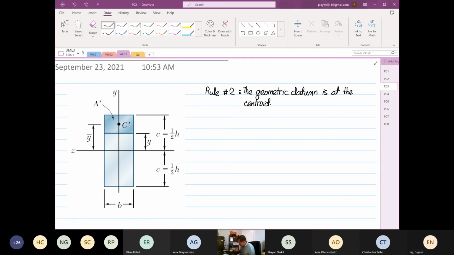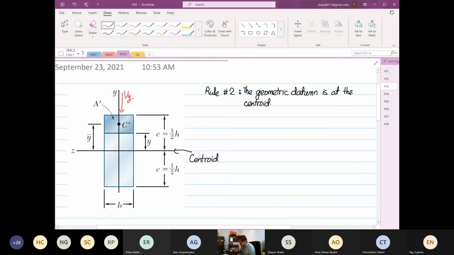This means if you look at this figure down here, if this force is my Vy, let's look at this diagram down here. The geometric datum, and this is our centroid.